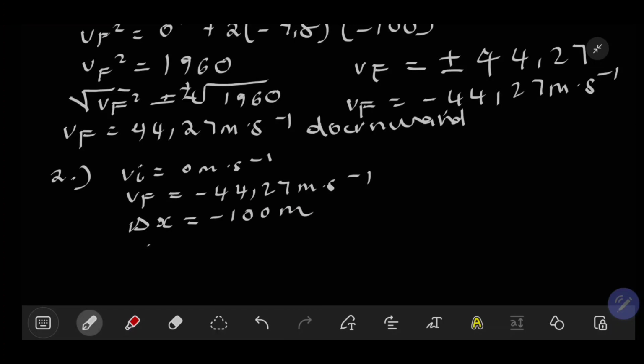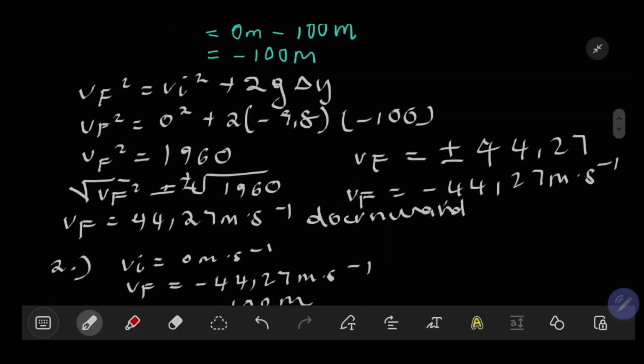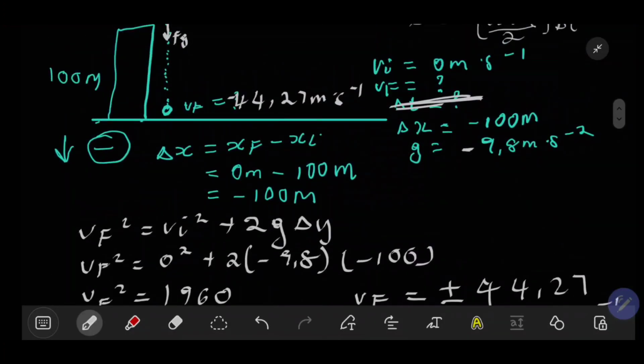And our gravitational acceleration, we know that it's negative 9.8 meters per second squared. Then we are looking for the quantity of time. So this is the information that we have now, right? From this, we have the v initial, the v final, we have almost everything.